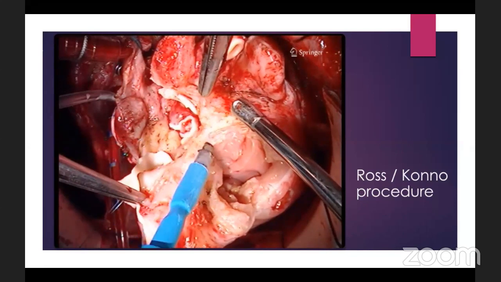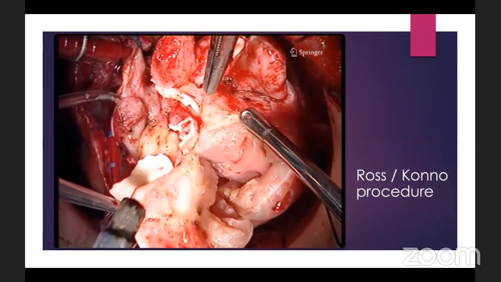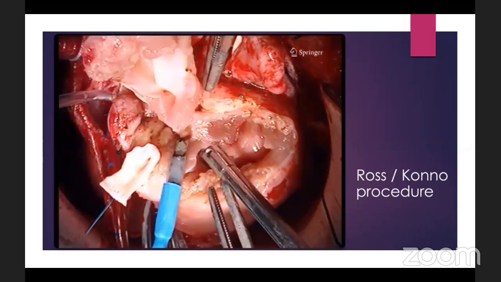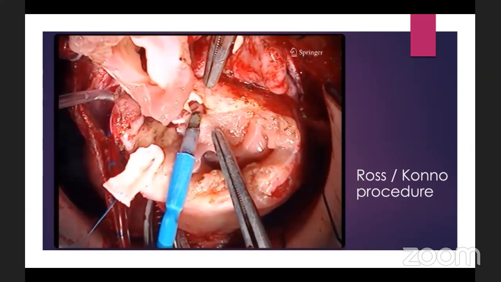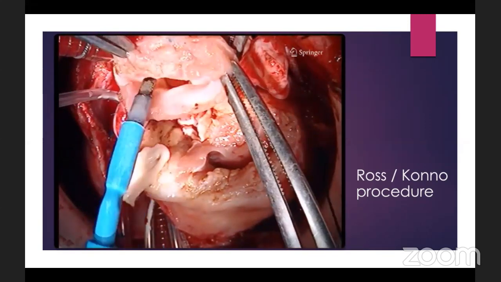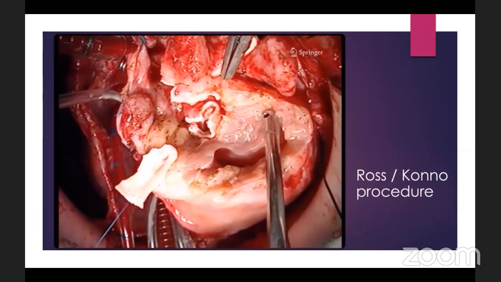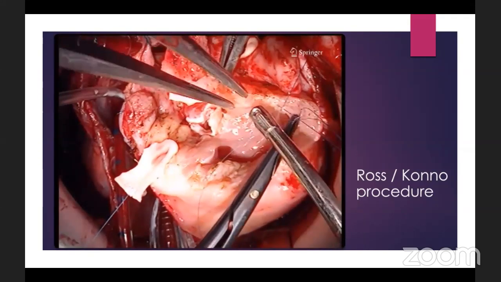You can think of doing a cono type repair, but again, I doubt you'll be able to get the smallest prosthesis with a cono mechanical kind of repair. So I think in this type of pathology, you can use a dilated pulmonary root, and we'll see how in a minute.